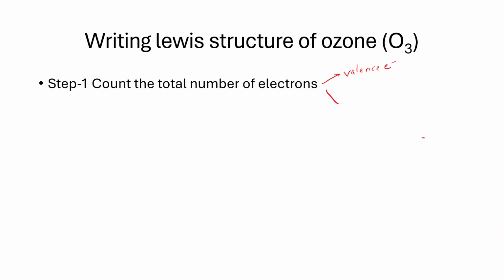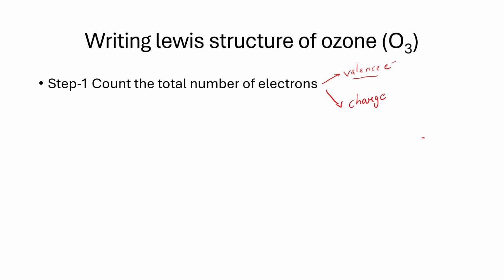And if it's a molecular ion, then we have to account for its charge as well. What I mean is that if it's a positive ion, then that charge has to be subtracted from the total number of electrons that we get from here. And if it's a negative ion, then we have to add that charge to the total number of valence electrons that we get here.